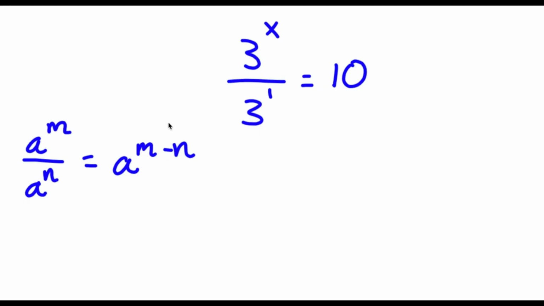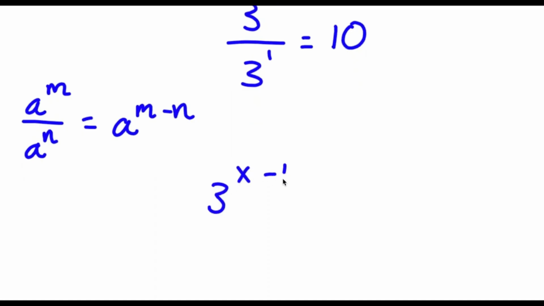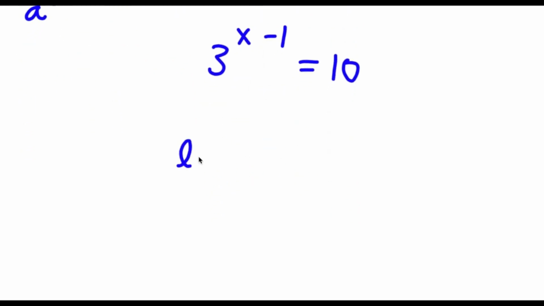So, in this case, we have 3 to the power of x over 3 to the power of 1, and this is going to equal 3 to the power of x minus 1 is equal to 10. So now, to solve this, what I'm going to do is I'm going to take the log on both sides. So now I have log 3 to the power of x minus 1 is equal to log 10.